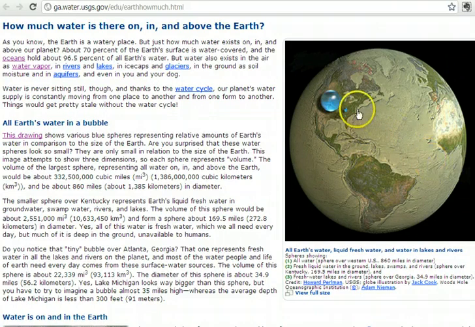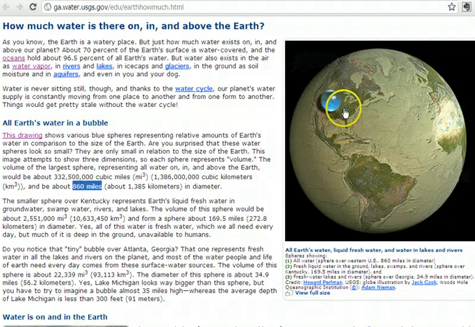If we took all that water and put it in a ball, according to this U.S. Geological Survey website, usgs.gov, the diameter would be 860 miles across, which you probably wouldn't think of.